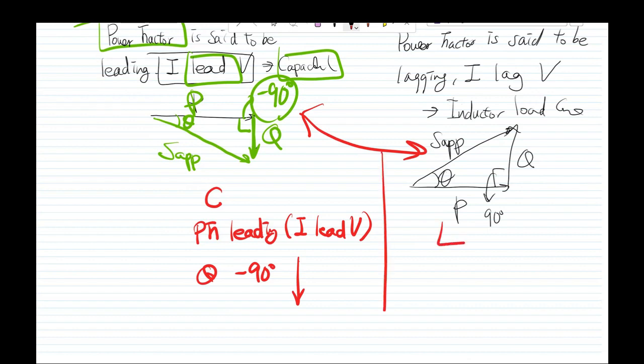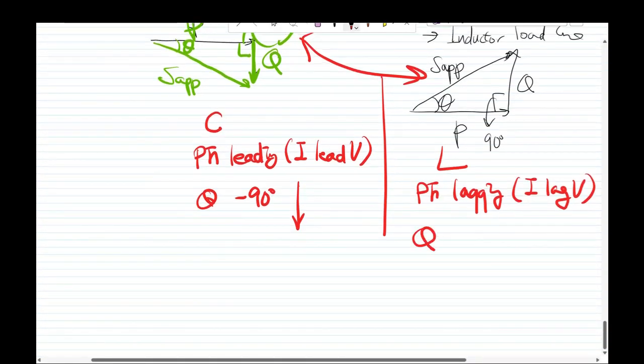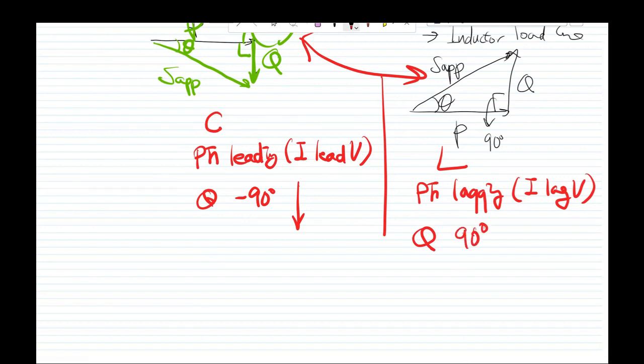But in the inductor case, the power factor is lagging because I lags voltage, and for the pure inductor the angle is 90 degrees, and Q in the power triangle is upward. Okay, that's very important. All right. Any question? Okay. All right.